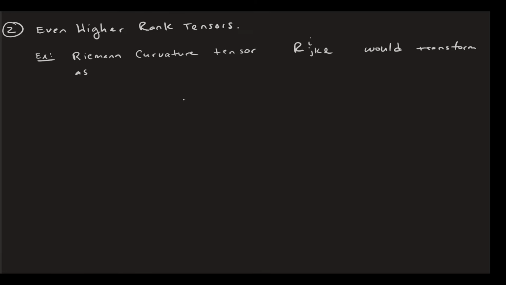as, and we'll call it R^i'_j'k'l'. It would be partial x^i' over partial x^p, partial x^q over partial x^j', partial x^r over partial x^k', partial x^s over partial x^l', times R^p_qrs. I don't want to use R, I can use R, it doesn't matter, lowercase, they look different.